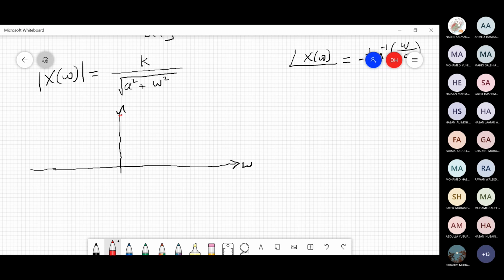So it's here, K divided by A. When omega equal to infinity, then it will be equal to K divided by infinity, which is equal to 0. So we get something like this.